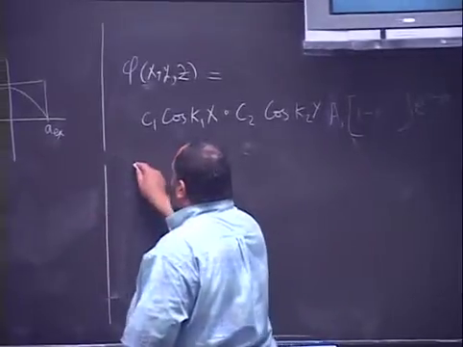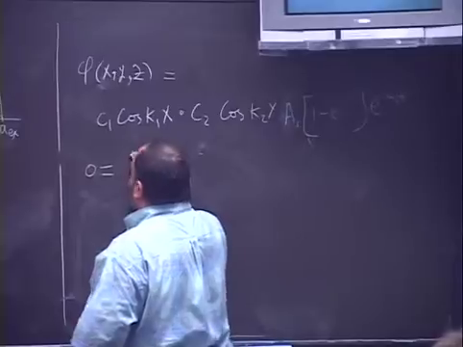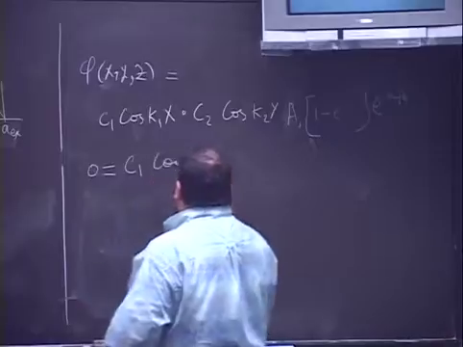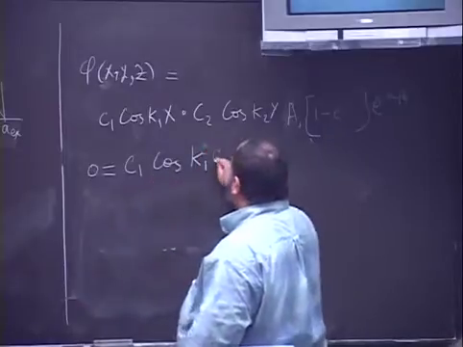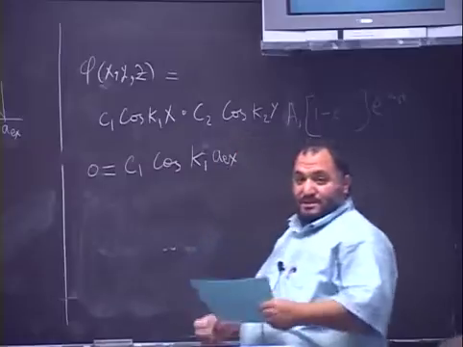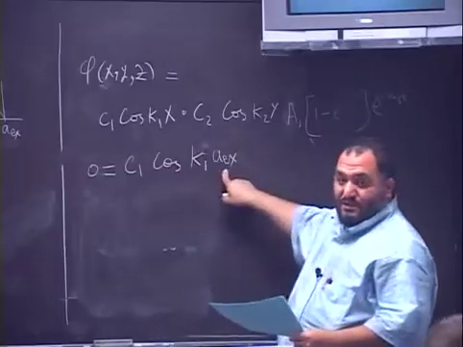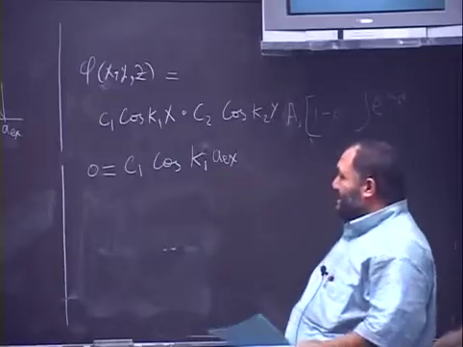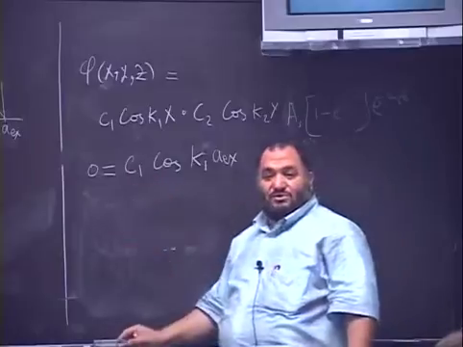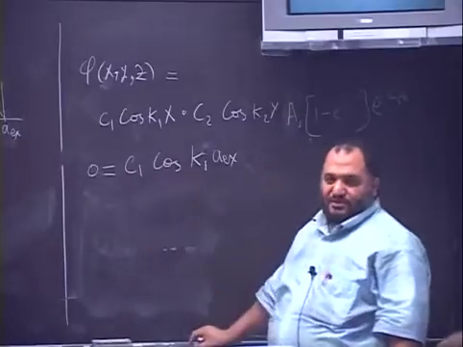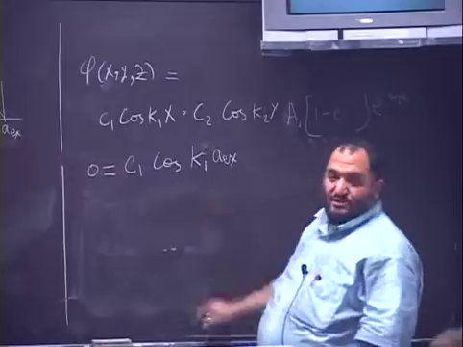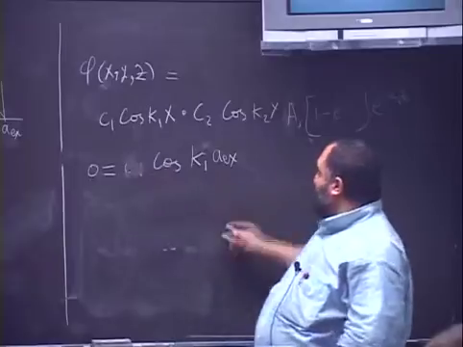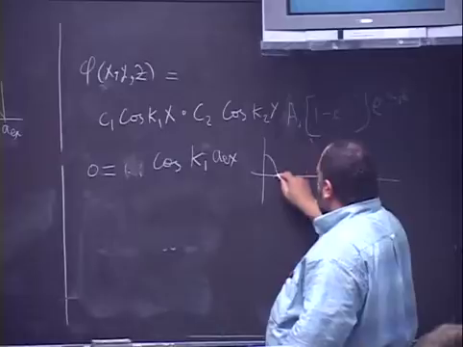So flux equal to 0, and this is equal to c1 multiplied by cosine k1 times what is the x here? The flux at a extrapolated is equal to 0. What does it mean? It means that either c1 is equal to 0, which would be a trivial solution, or this function is equal to 0. When is the cosine equal to 0?